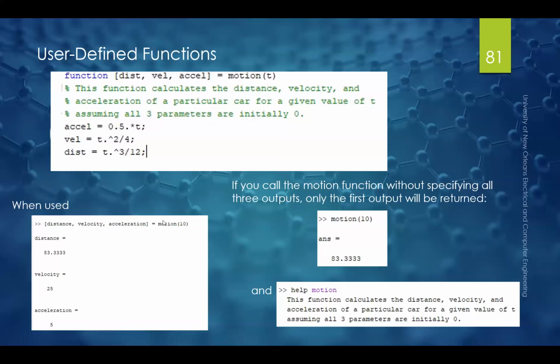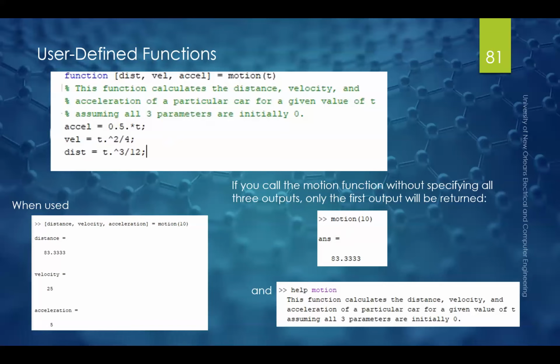And if you say motion 10, it's going to give you these answers here. If you call the function without specifying the outputs, only the first output will be returned. In this case, we specified the outputs that we want. It only understands that you want the first one, not the other ones. If you want all of them, as the function is defined, you have to tell it that you want the 3 outputs.